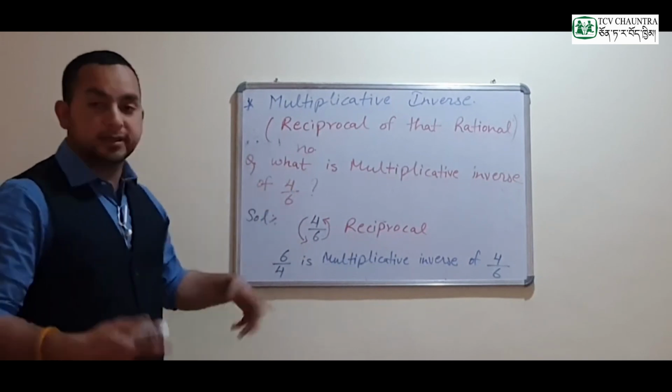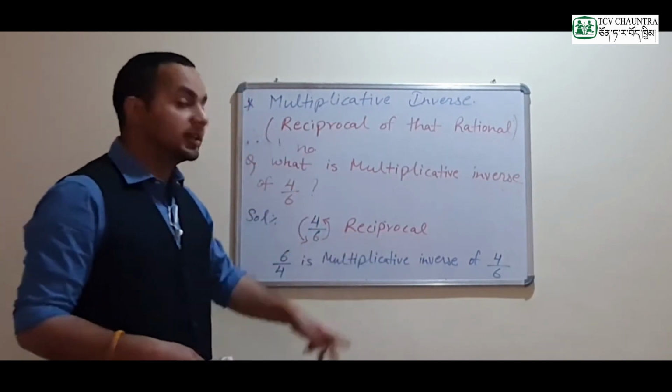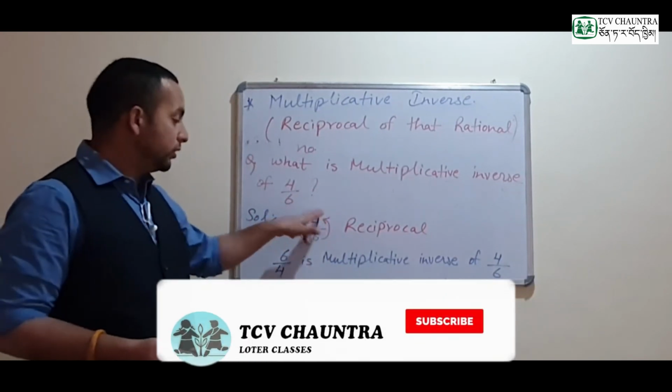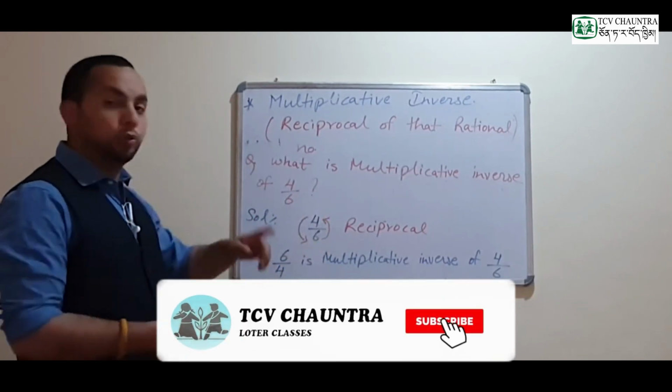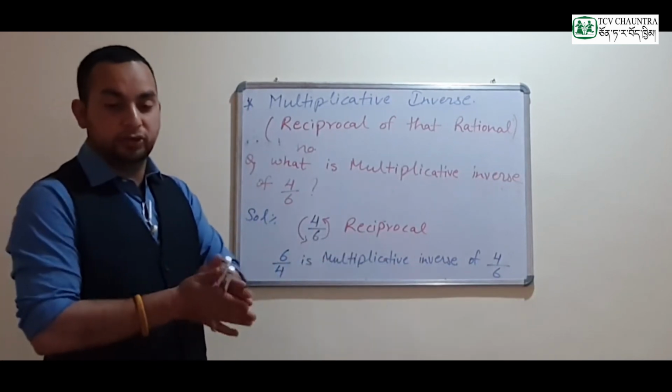What is the multiplicative inverse of 4/6? You take the reciprocal: 6 becomes the numerator and 4 the denominator. So 6/4 is the multiplicative inverse.